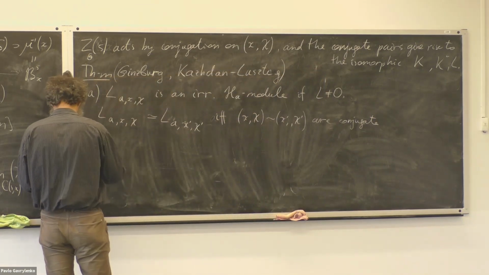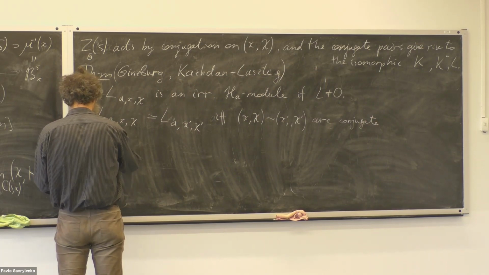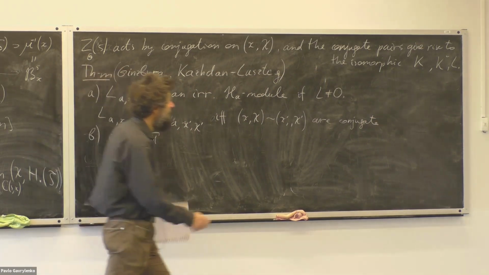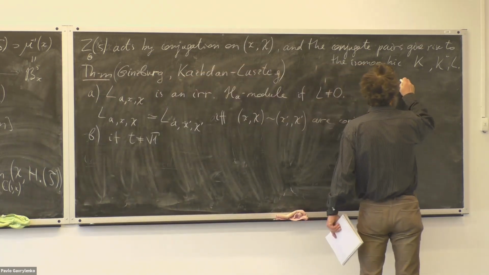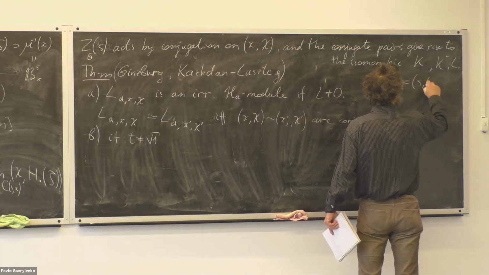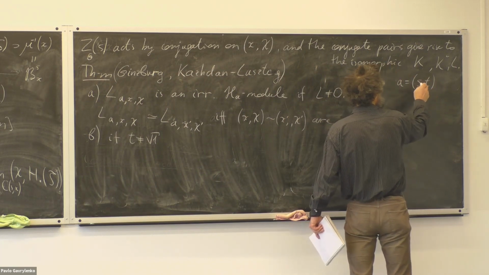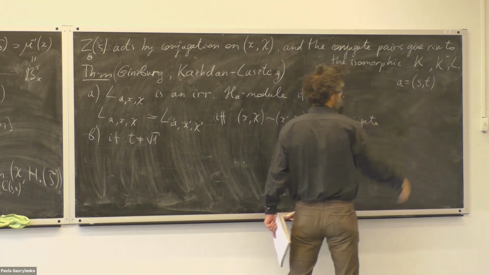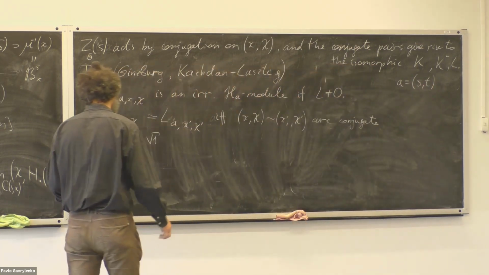Now, the second claim is that if T is not a root of unity, so remember our element A was the pair S and T. S was a semi-simple element in our semi-simple group, and T was an element in C star, multiplicative group.